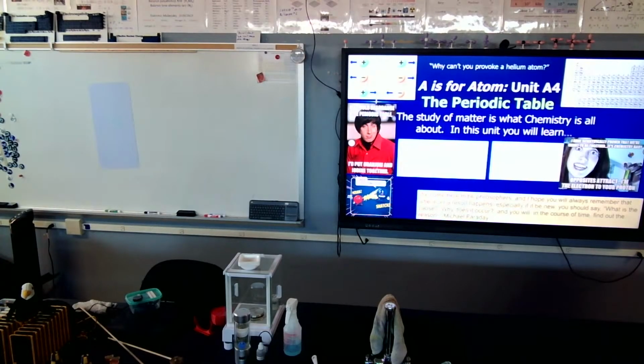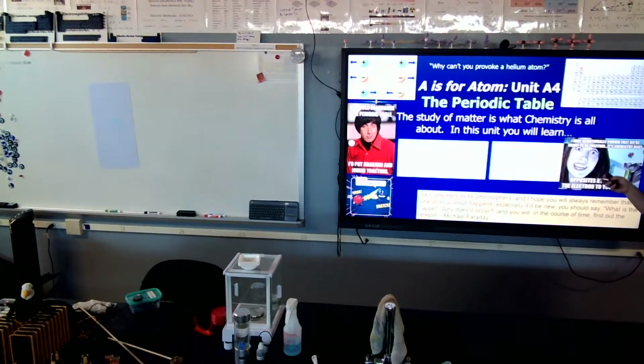So that's the big one. It would be better to say periodic law states that elements' chemical and physical properties are functions of their group. In other words, elements in the same group have similar properties. And we're going to look at those groups today.